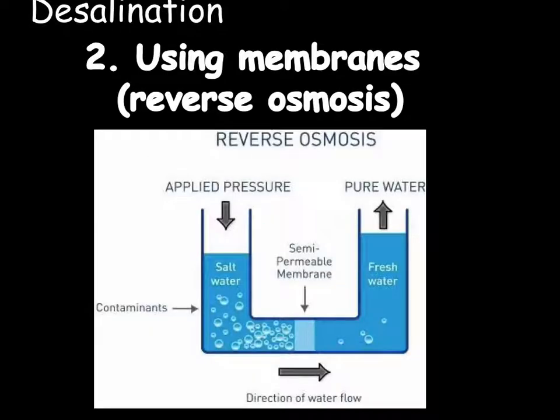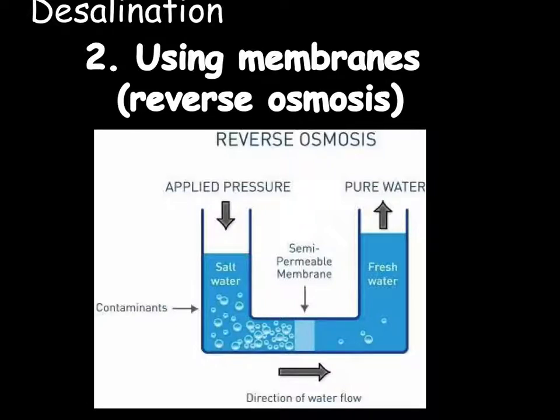The second method of desalination is by using membranes. This is sometimes known as the reverse osmosis method. In this, we have our salt water, so our water that contains our dissolved sodium chloride, and will also contain contaminants. We apply a pressure to it, which forces it to travel through the semi-permeable membrane.